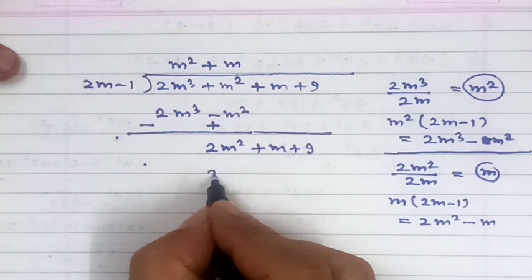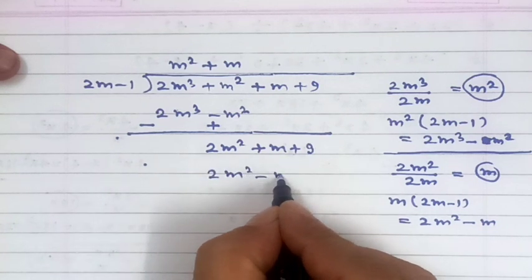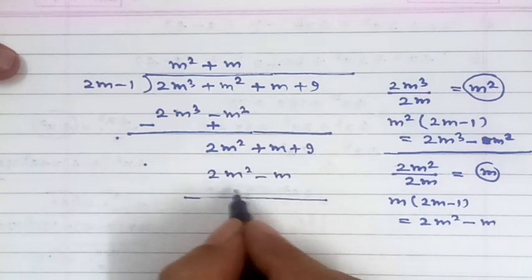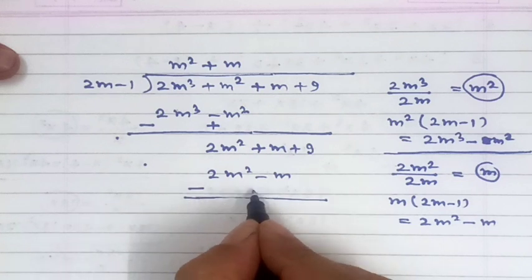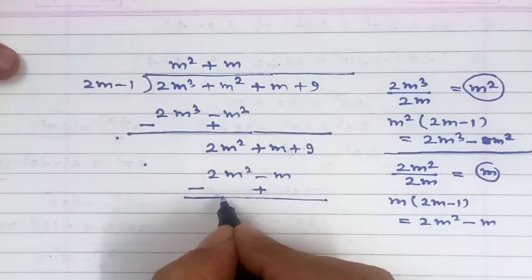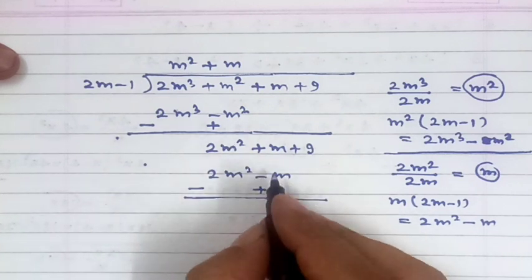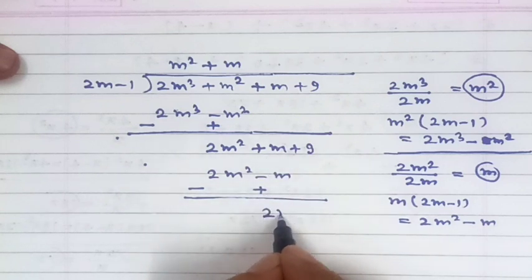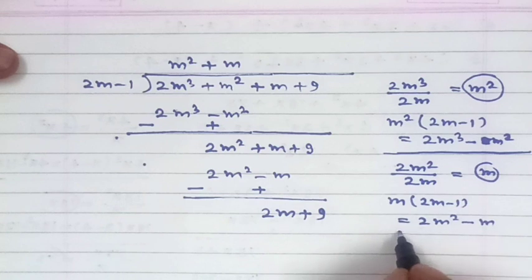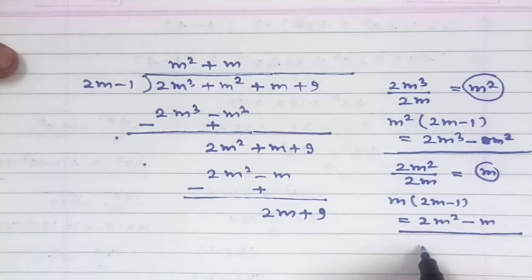Write down here 2m square minus m and subtract. When you subtract, again sign changes. This gives you 0, whereas you will get m plus m is 2m plus 9. Now this 2m, when you divide by 2m, you get 1. You know why?